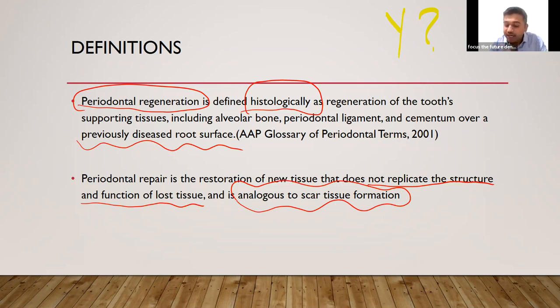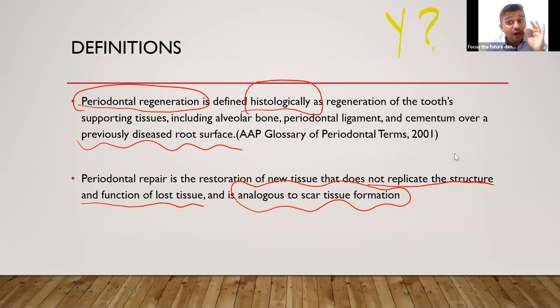That is periodontal repair. Okay, now we studied that when we do normal kind of treatment, what we get is repair. Mostly our body will end up repairing that site, especially at the periodontal site. Very rarely, when the conditions are perfect, do you get periodontal regeneration.